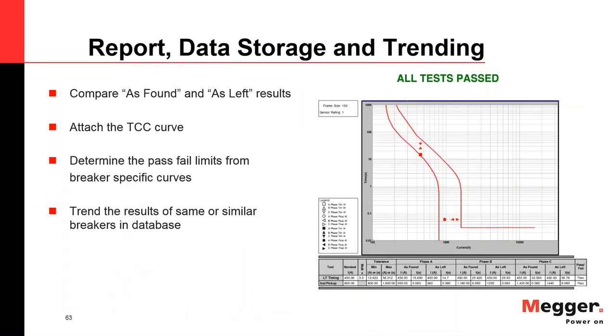And if you would have a software that can do that for you, the next step would be to generate an automatic report that has the curve in there, all the values, and because it knows the min-max values, it can give you a comparison in the style of pass-fail right away.